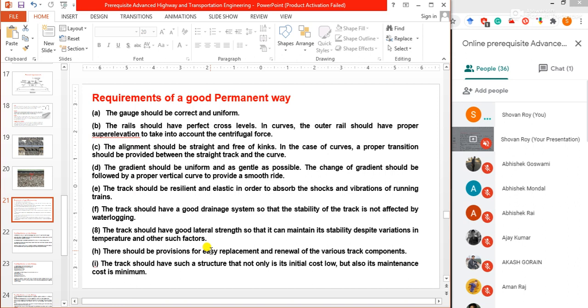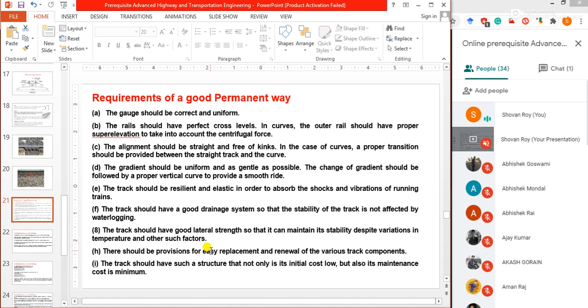The track should be resilient, that is, stable and elastic in order to absorb the shocks and vibrations of running trains. There is a highly dynamic load, so the track should act like a shock absorber. It should take all the dynamic loads from the moving train.